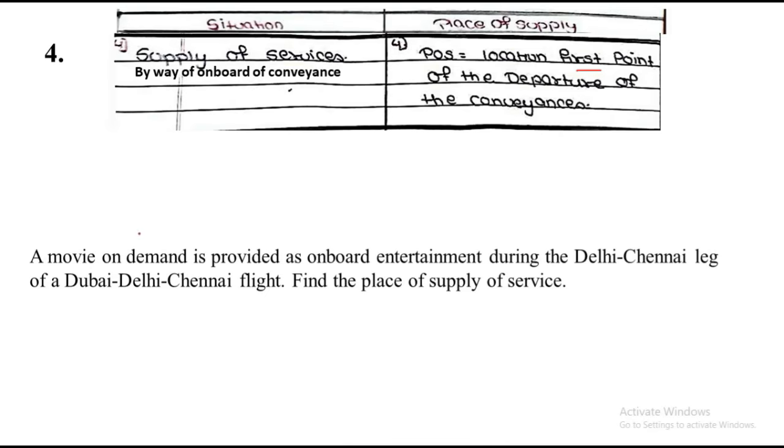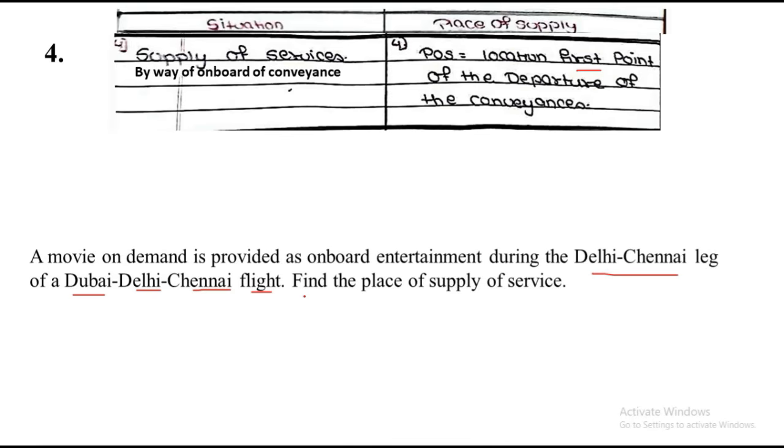A movie on demand is provided as on board entertainment during the Delhi Chennai leg of a Dubai Delhi Chennai flight. Find the place of supply. Now this is a long distance flight from Dubai to Delhi, and from Delhi to Chennai. During the Delhi Chennai leg, you asked for a movie.